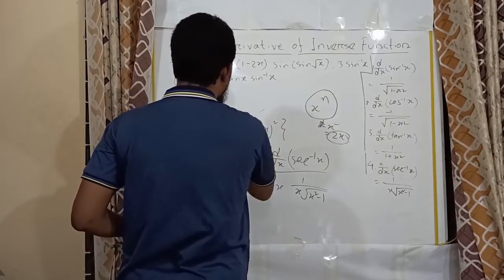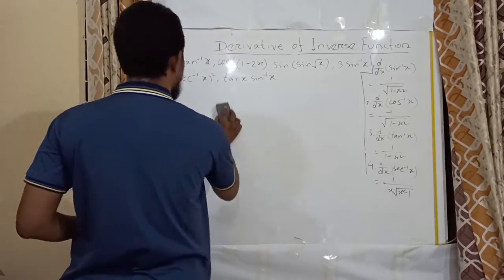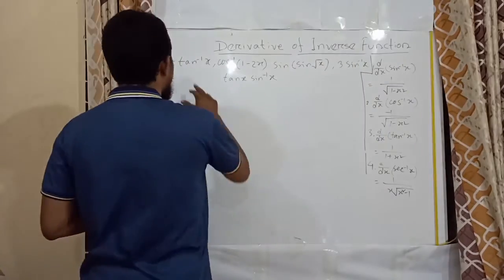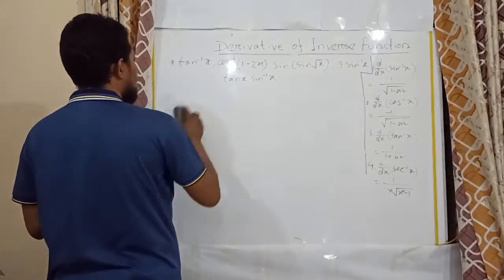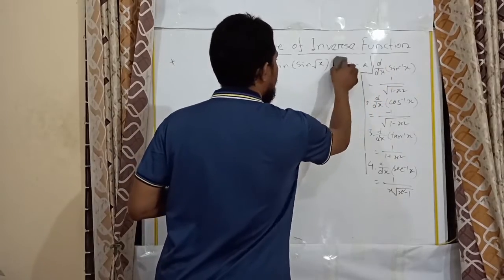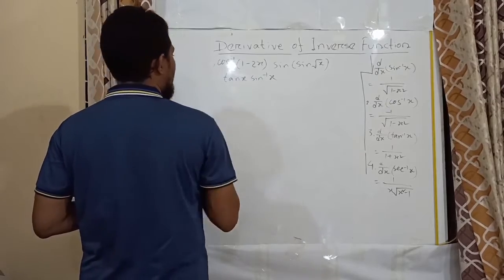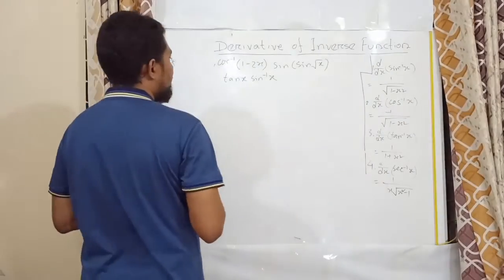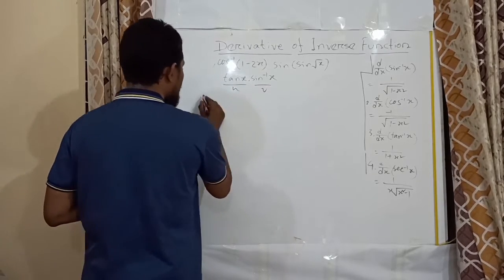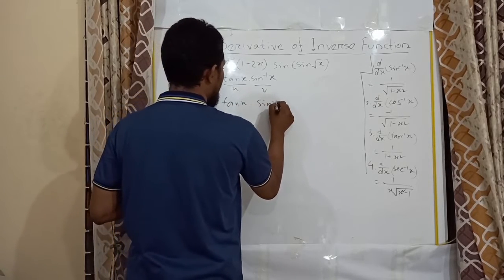I'm just going to the next question. So now it is very much similar to the one in the question, so I'm not doing that. And the 3 sin inverse x, it is just similar to the previous, so I'm not doing that. So tan x sin inverse x, as they are in the form of multiplication u and v. So our function is y equal to tan x and sin inverse x.